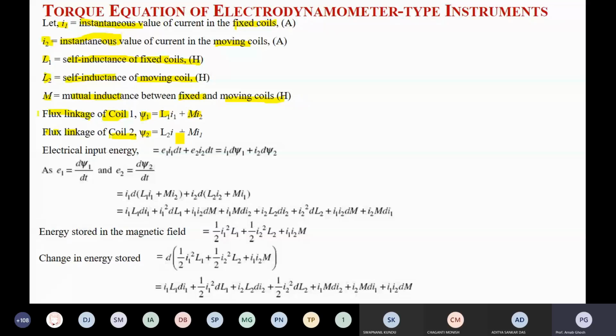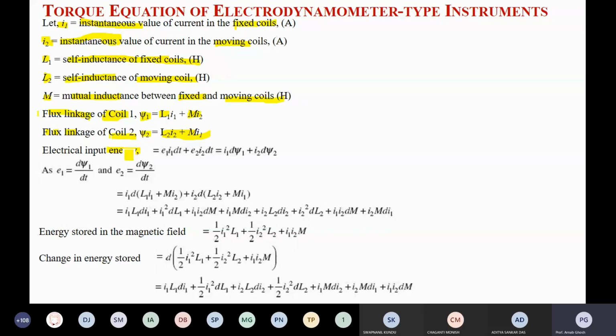The electrical input energy is coming from what? You know about it. Energy is the integral of power with time. Electrical power for coil 1 integrated with time, so it is E1 I1 dt plus E2 I2 dt.